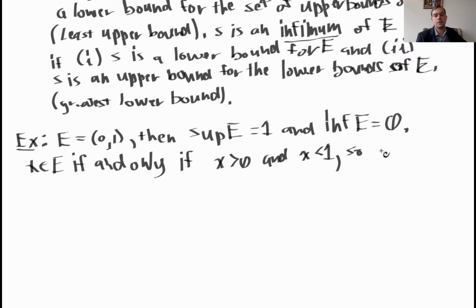So 1 is an upper bound, and 0 is a lower bound.